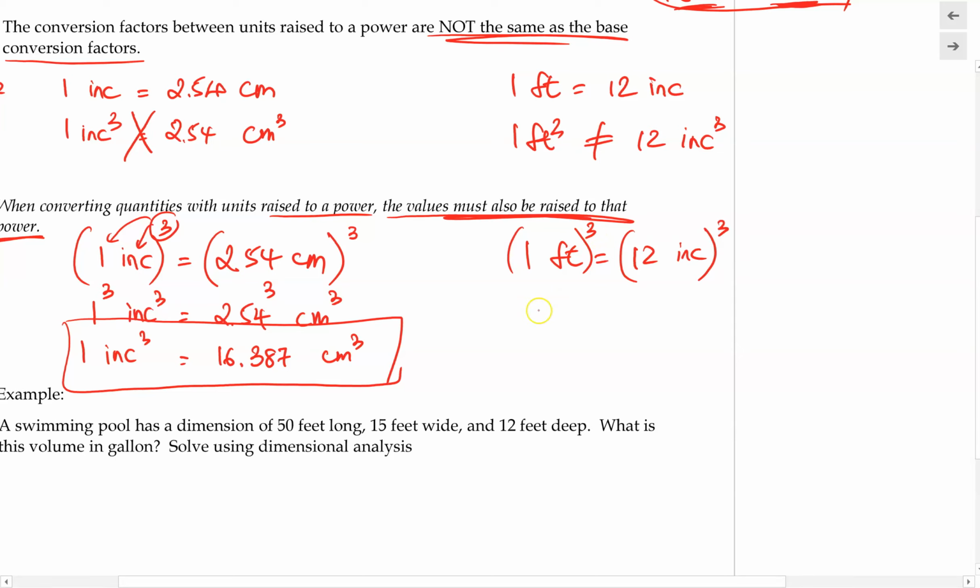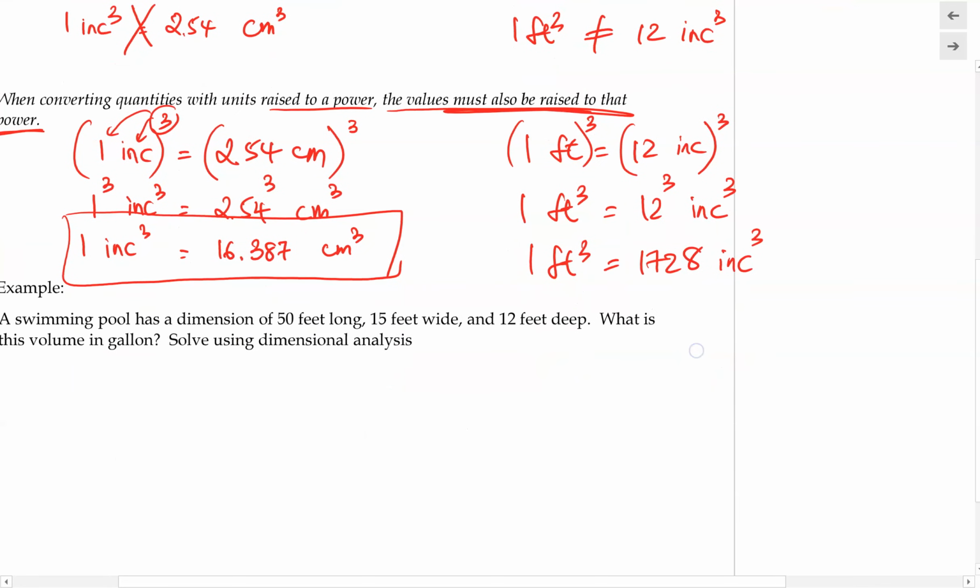And now we have to factor this out. Distribute this out. So this one equals 1 cubic foot, and this equals 12 to the third power cubic inch. So 1 cubic foot is actually equal to 12 to the third power cubic inch. And when we multiply this out, 1 cubic foot equals 1728 cubic inch.